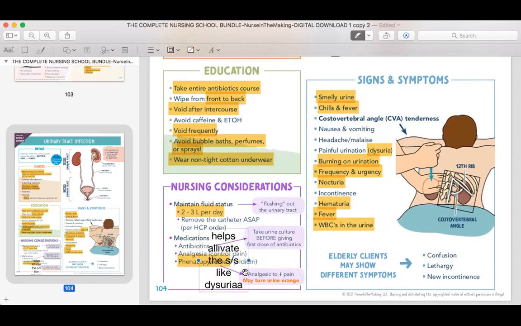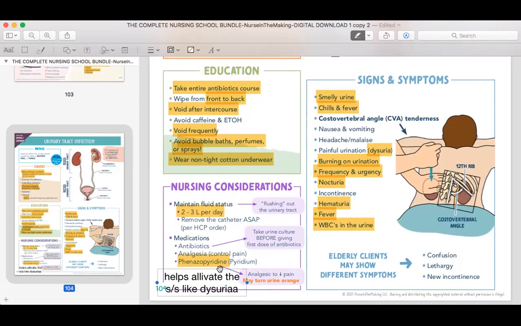You do want to make sure you watch out for, it does cause red and orange like secretions, and that's completely normal.